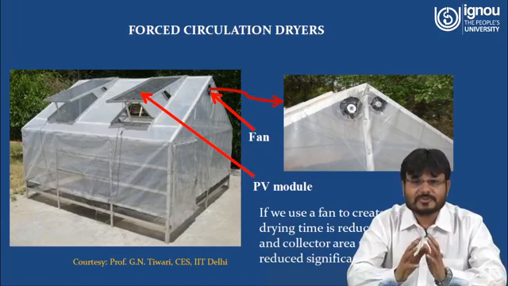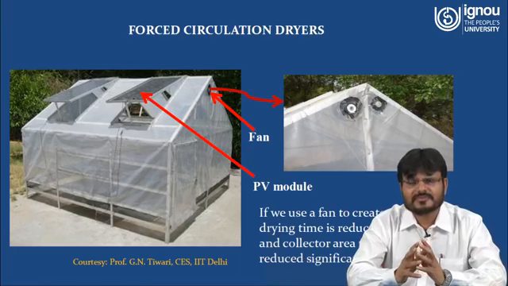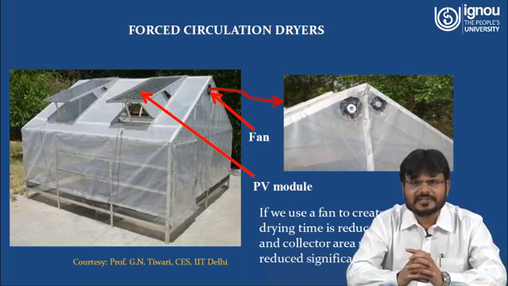Just take care that the power of the DC fan must be less than or equal to the power you are getting from the PV module. If we use a fan to create the airflow, the drying time is reduced considerably, and the collector area required may also be reduced significantly.